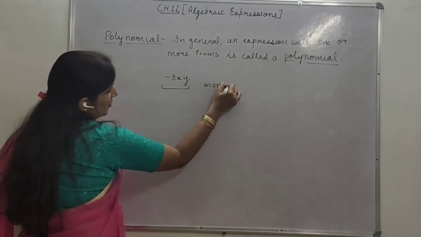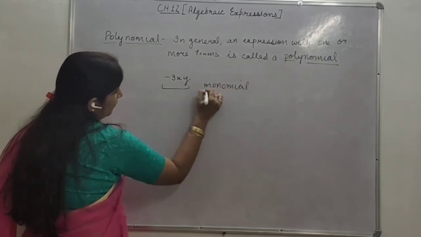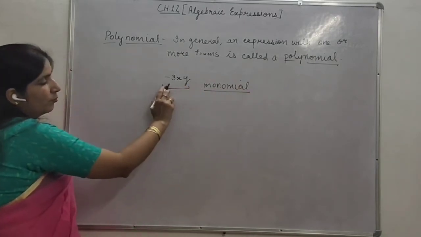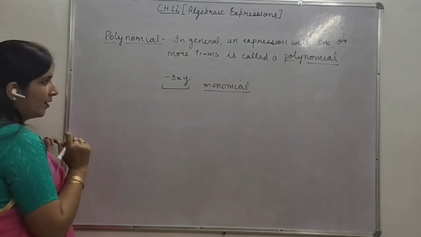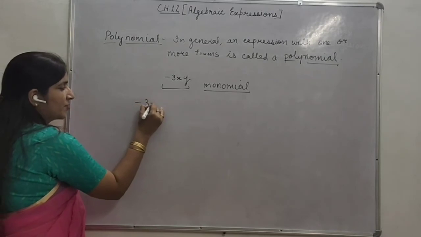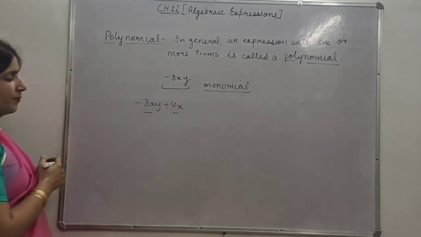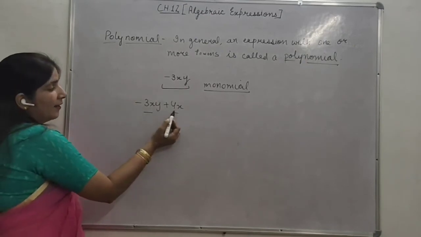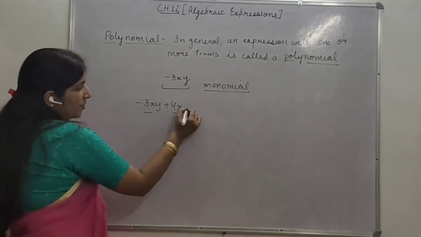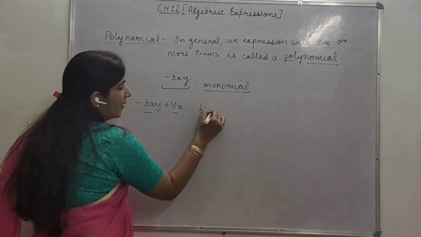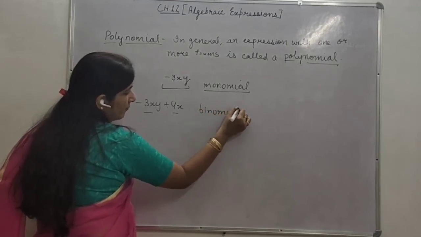So we have specific names also; the expression with one term is known as a monomial. Now, suppose an expression has two terms. You can see this is an algebraic expression and it has two terms. So the name given to it is binomial. What is that? Binomial.